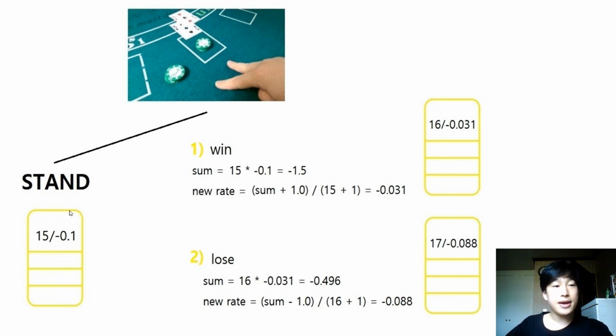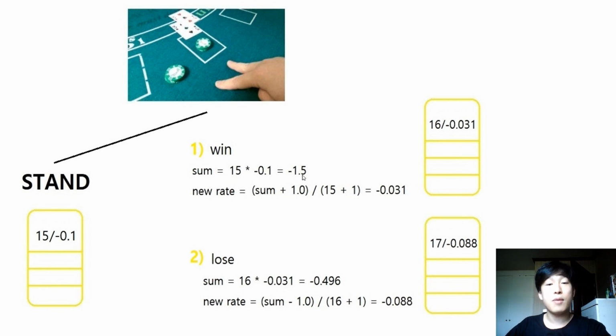Let's say the AI chooses stand twice, and the first time you win. To combine this new result with the original database, you go through this process. First, you get the sum rate by multiplying the trial number by the winning rate.